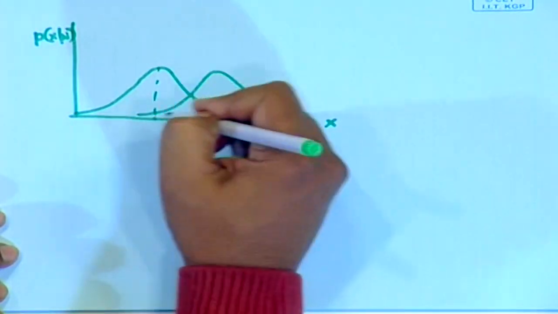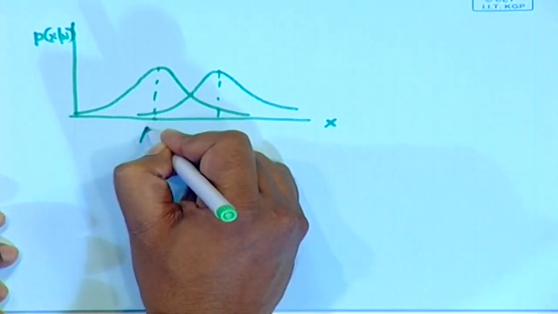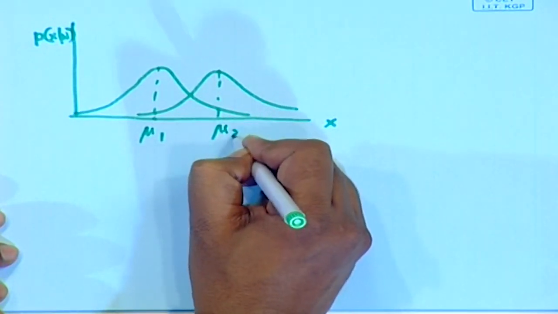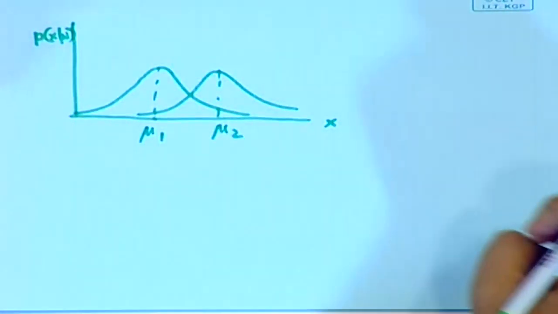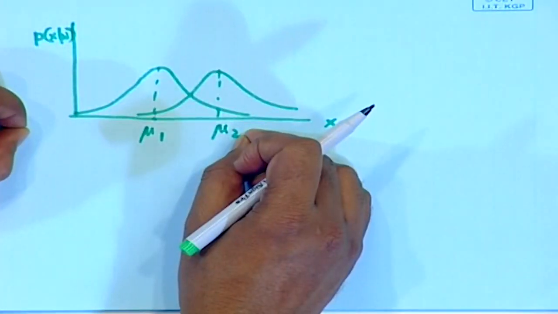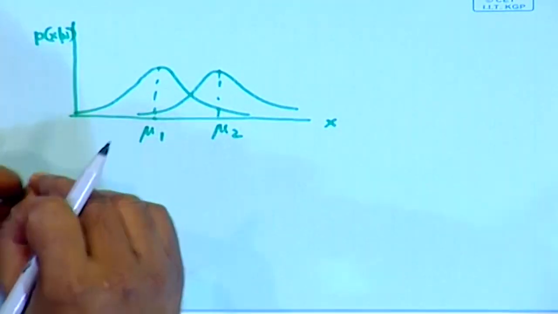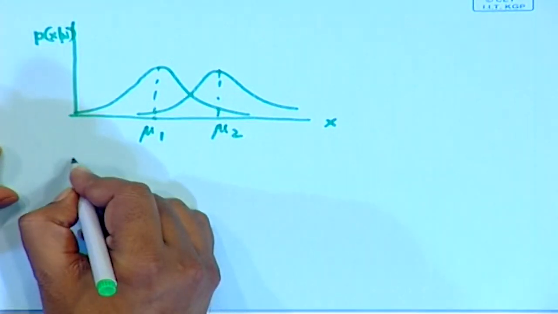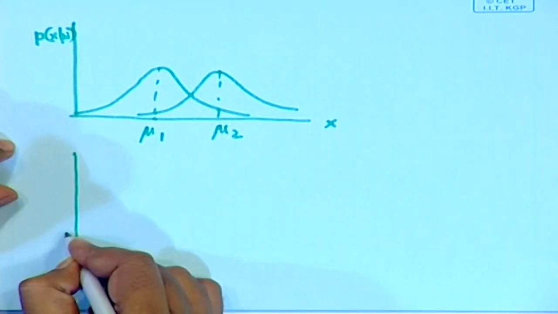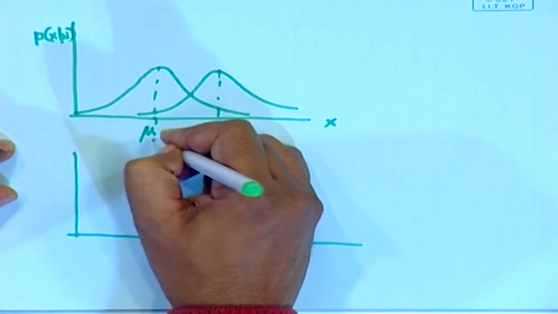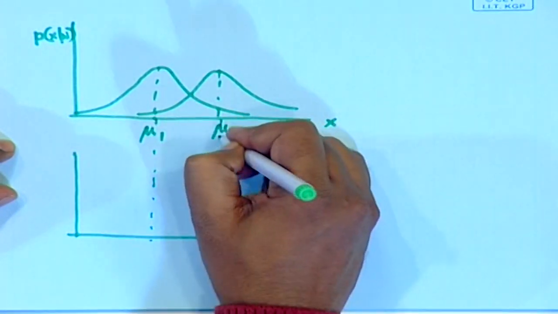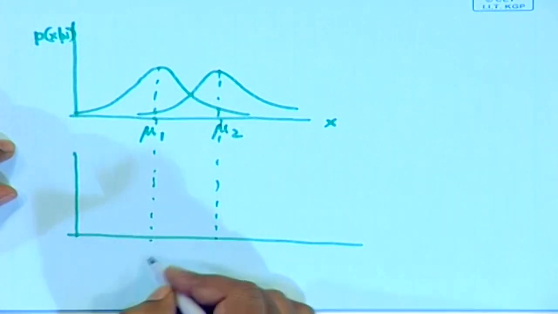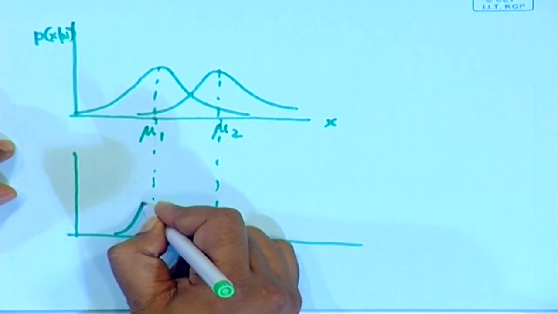So, this is mu1 and this is mu2. We said that if we increase the distance between mu1 and mu2, my classification error will be less. At the same time, if I try to reduce the variance of the samples within a class, keeping mu1 and mu2 in the same location, so this remains mu1, this remains mu2, but now I want to have a distribution something like this.